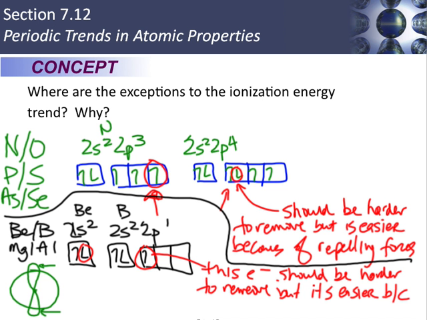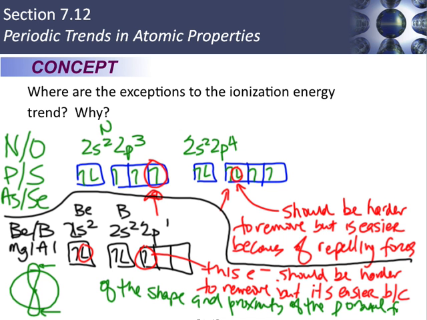So it should be harder to remove, but it's easier because of the shape and proximity of the p orbital from, I'm out of room, the nucleus. Does that make sense? No? Yes?